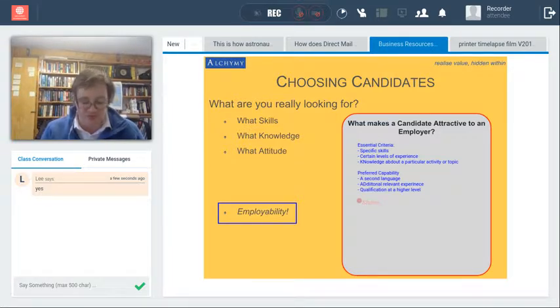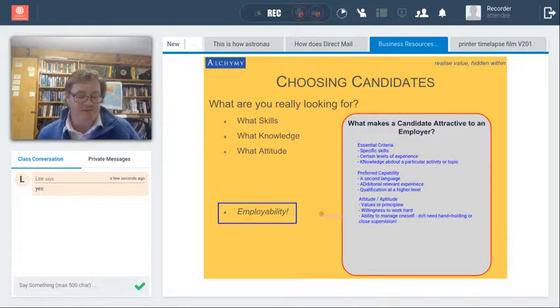In other words, that you don't need hand holding or close supervision. Now that can be a double-edged sword, but these are more qualities that an employer might look for.